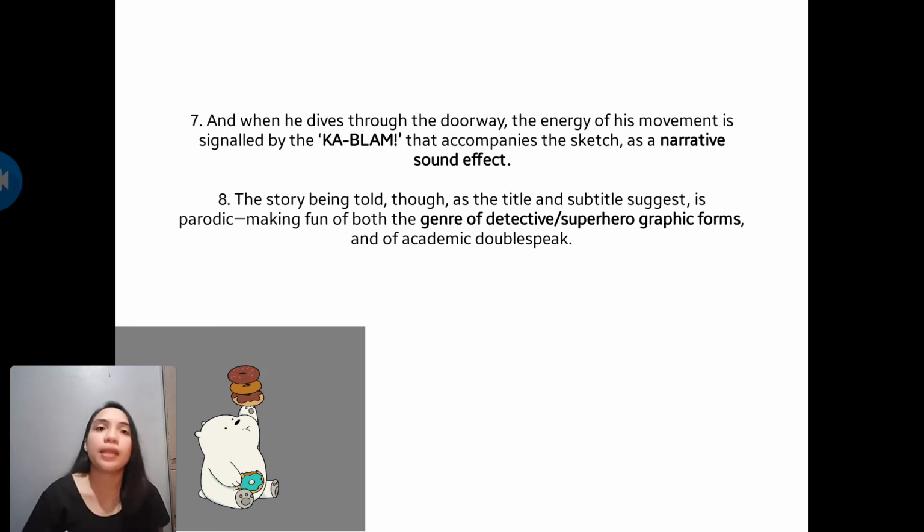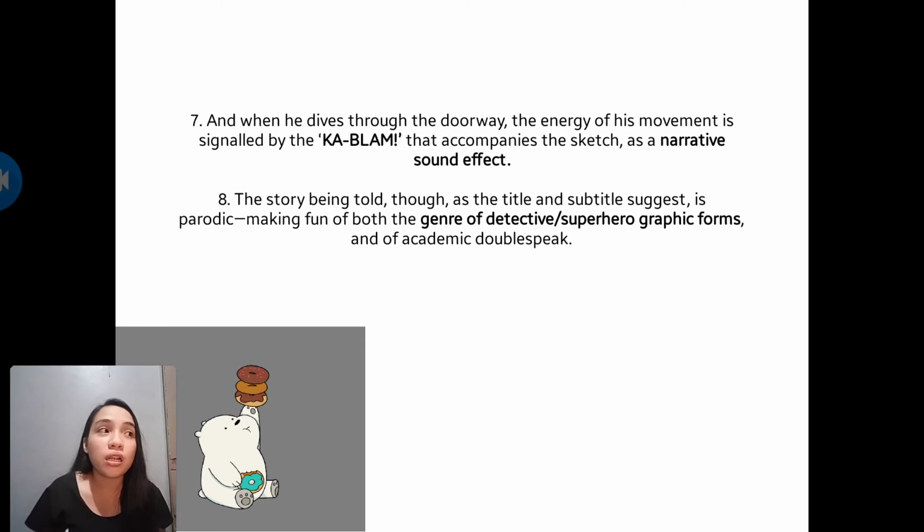the kalaban. And number 8, the story being told, though, as the title and subtitle suggest, is parodic, making fun of both the genre of detective or superhero graphic forms and of academic doublespeak. So all of these are the connection of the images and the text in a story that will help us to understand the story, even though it didn't contain too many words.